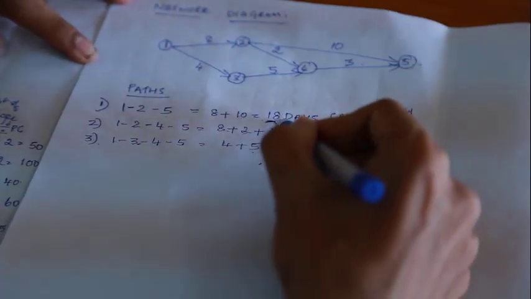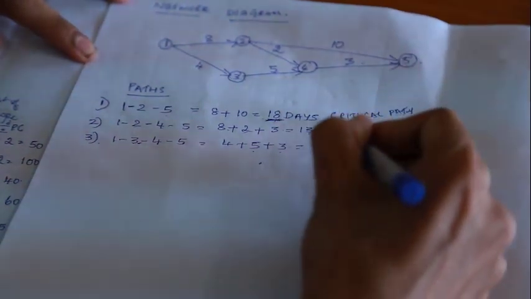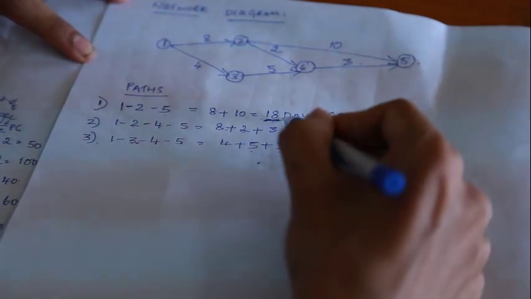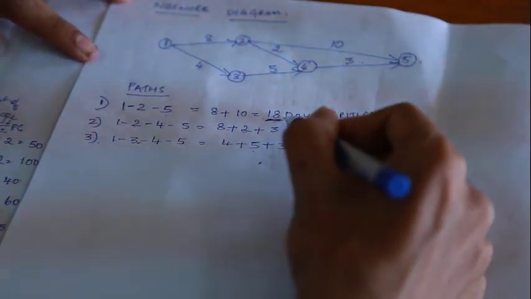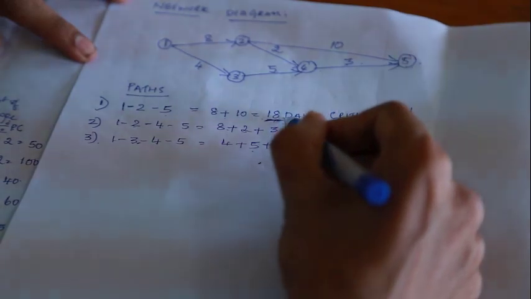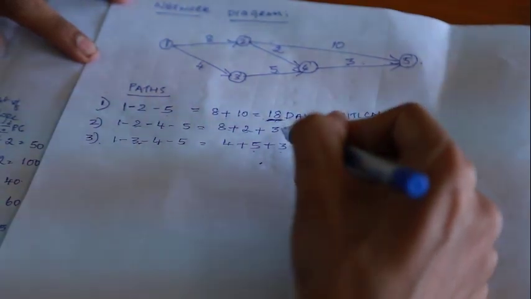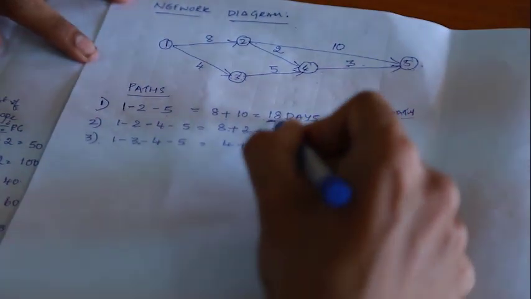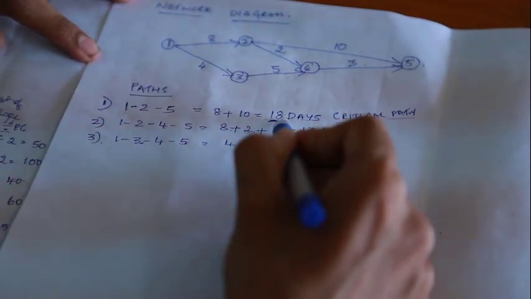Now, once we identify the critical path, next we'll have to cut down the number of days to the next path. For example, the first path has the maximum number of days, which is 18.